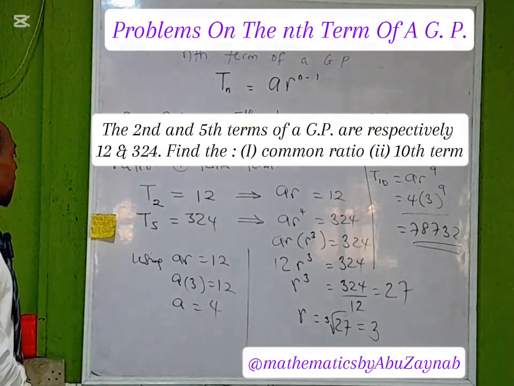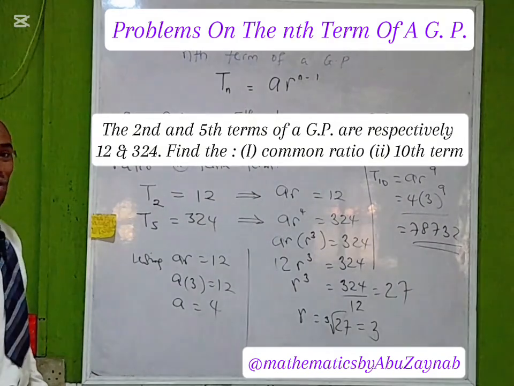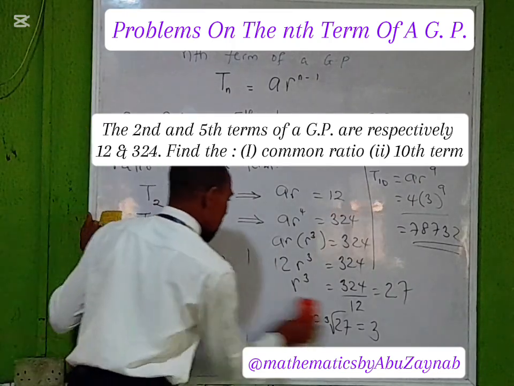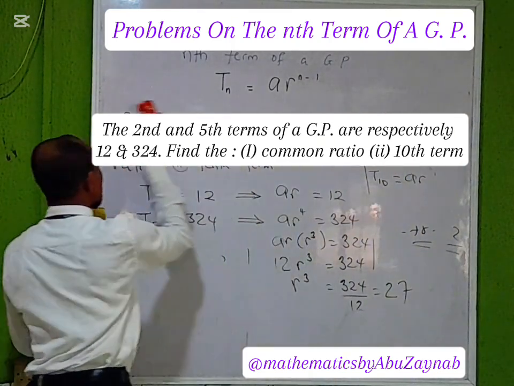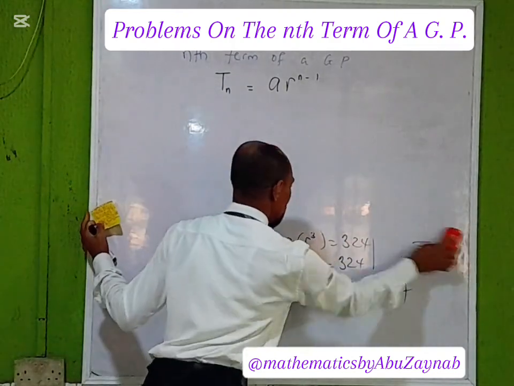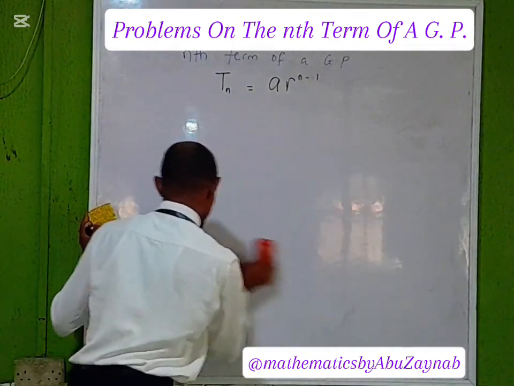So now we have the second question taken, and that leaves us with the very last one here, to still see the application of the nth term of a geometric progression.